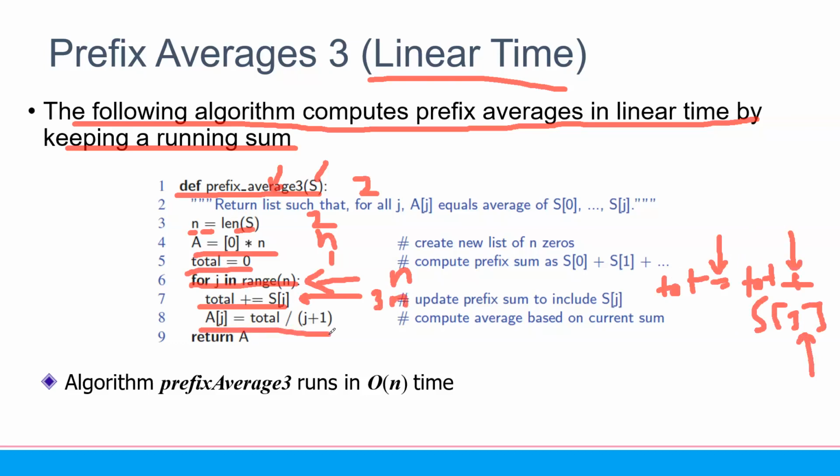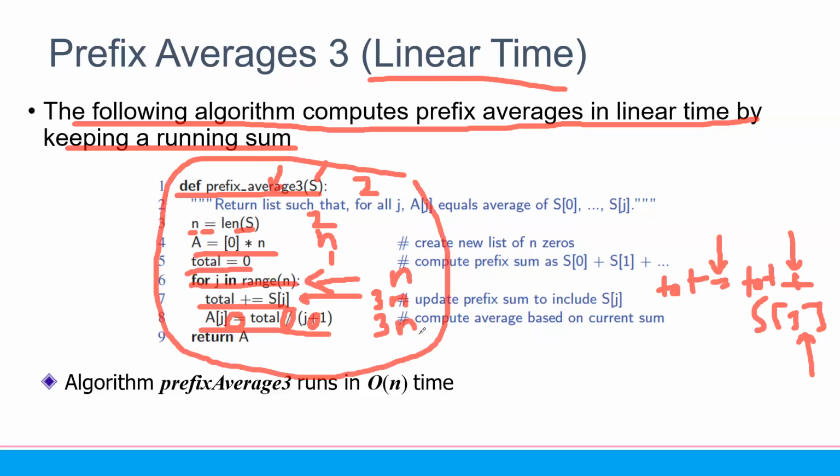What about this? aj is one operation. Assignment is another operation. Divided is another operation. And j plus 1 is another operation. So I have 1, 2, 3. So it is also 3n. So in the worst case analysis, we can say this is n. So this runs n times.